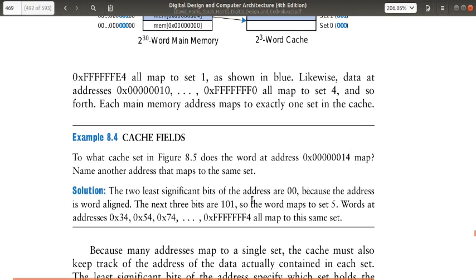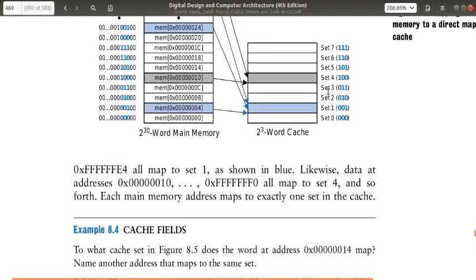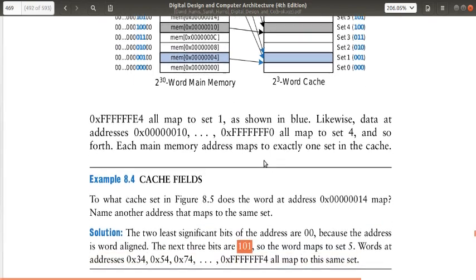It will be 0000 something, 10100. That means here we are interested in this part, 101, and 101 means it is coming here. So that particular word will be stored into this set. Okay, that is how mapping is done.